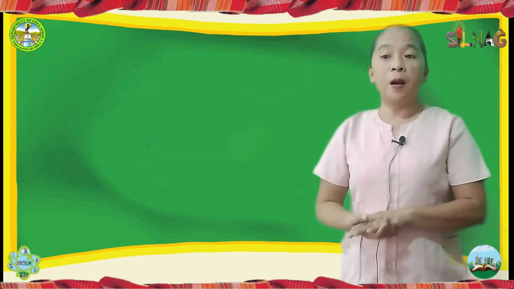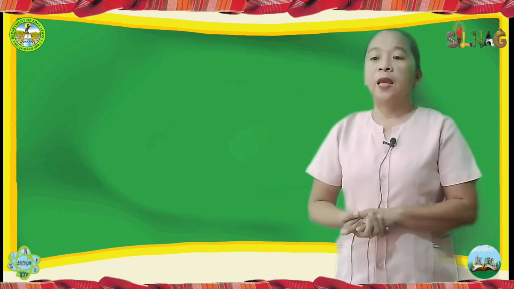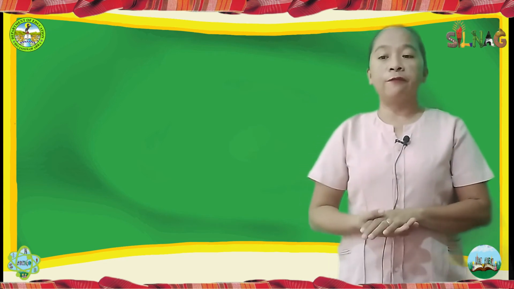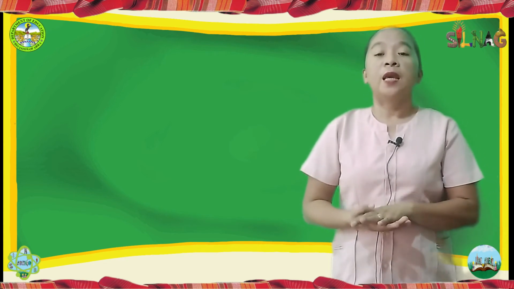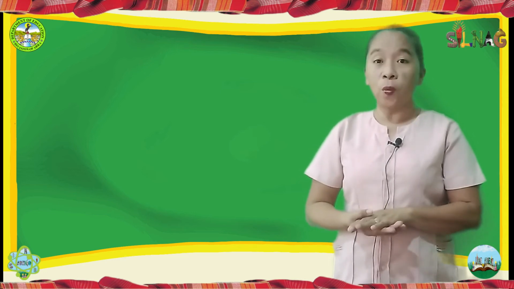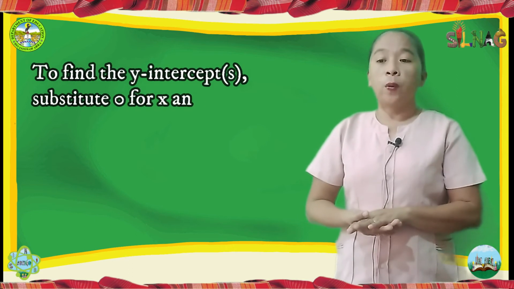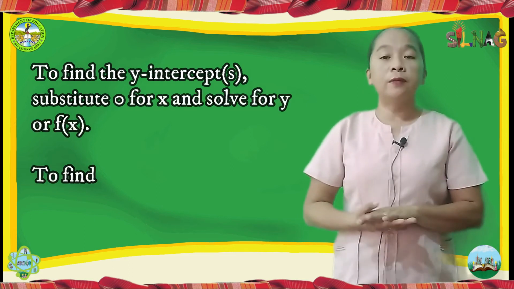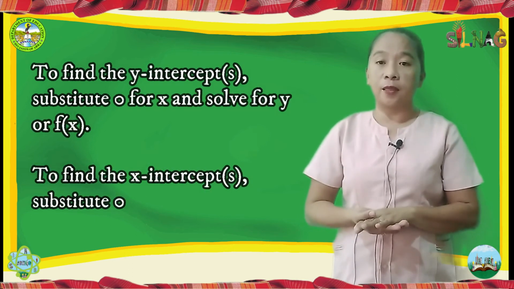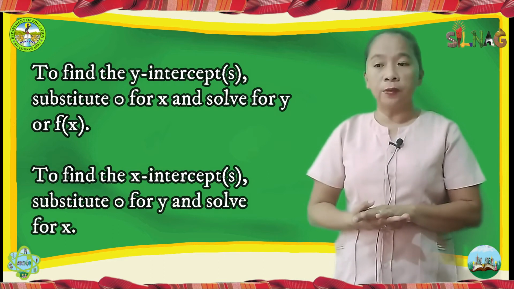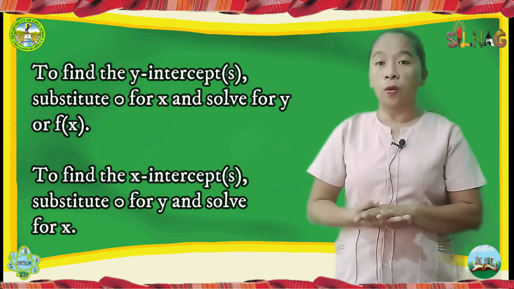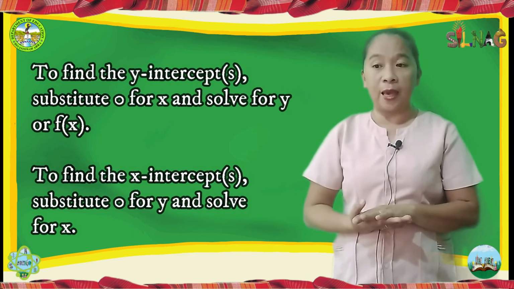An intercept of a rational function is a point where the graph of the rational function intersects the x or y axis. To find the y-intercept, which is the point where the graph crosses the y-axis, we substitute 0 for x and then solve for y or f of x.